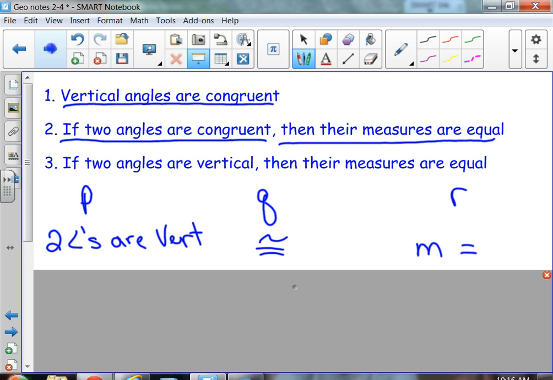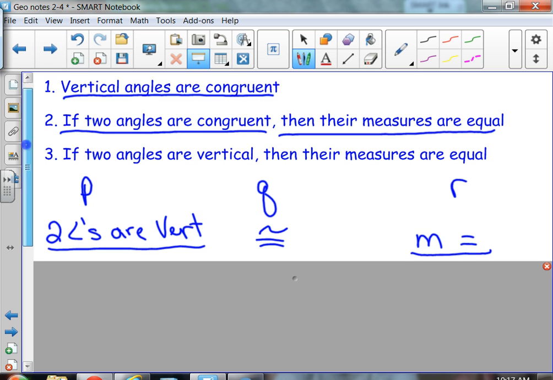So is this valid? Yes. Because if two angles are vertical, then their measures are equal. Because we know that two angles are vertical, they're congruent. Congruent angles have the same measure. So we're just skipping the Q and we're saying P then R. So two angles are vertical, their measurements are equal. So yes, by the law of syllogism.